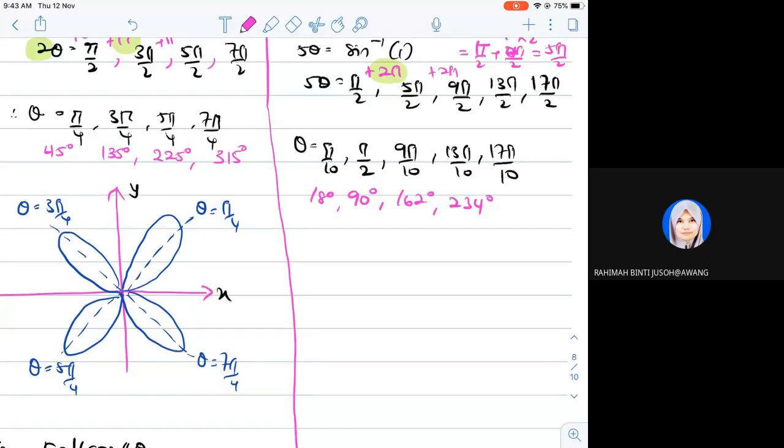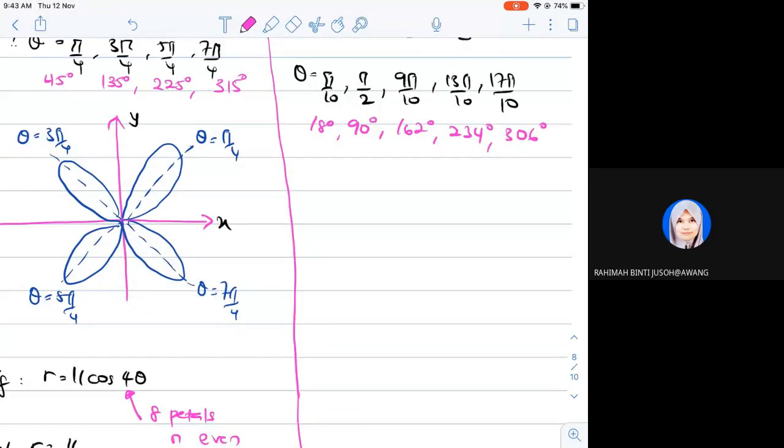Betul ke? Darab 13 darab 180 bahagi 10. Kalau saya salah, boleh tahu 234. So 17, dapat berapa ni? 306 degrees. Okay, good.